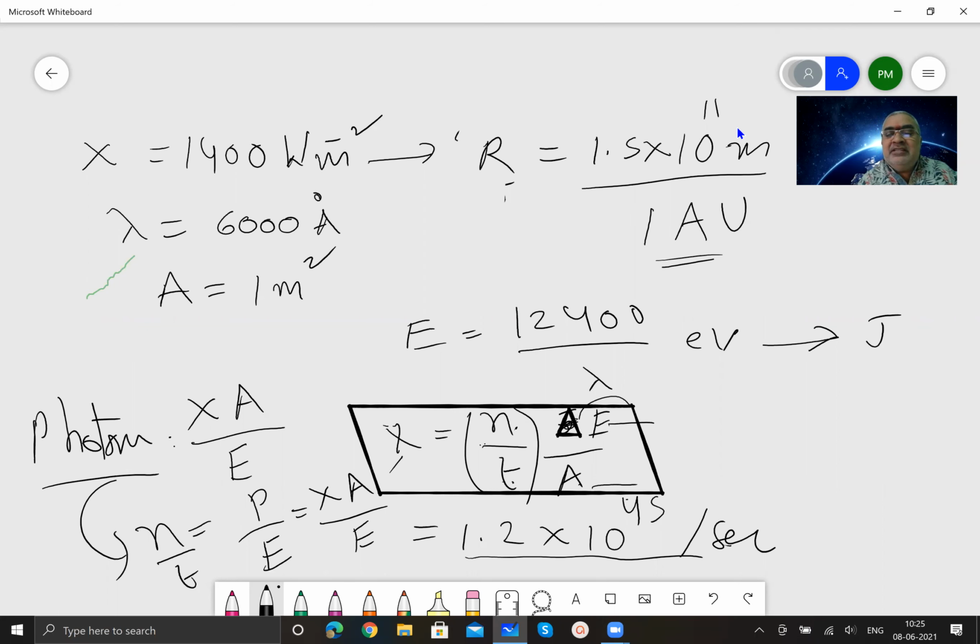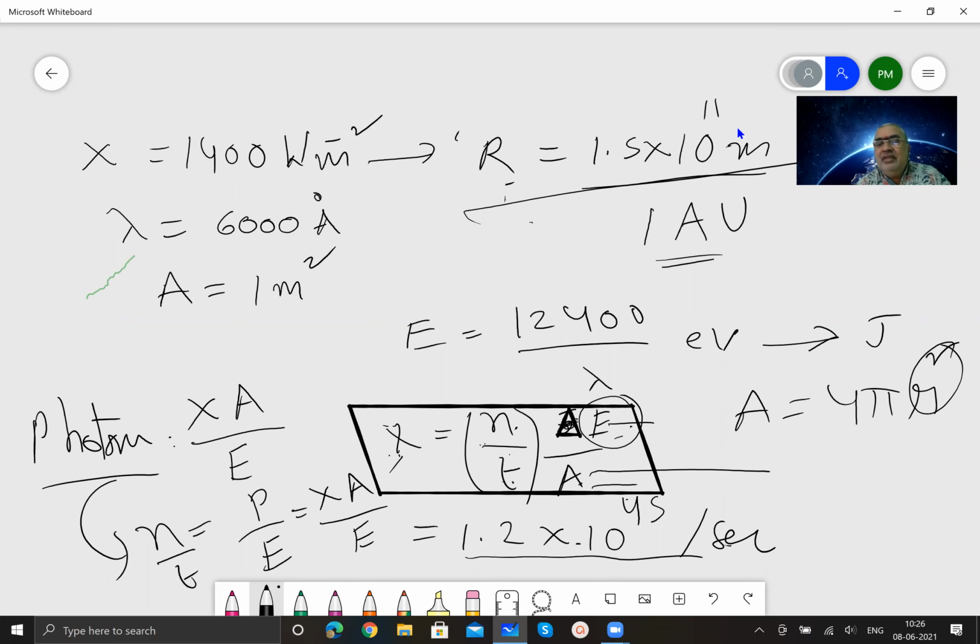Now, you find intensity. Take this N by T, area, intensity, find energy. Next, take intensity N by TE, find the radius. A is equal to 4 pi r square, spherical surface. So this r is nothing but this. This you have to calculate. That's the way of practicing.